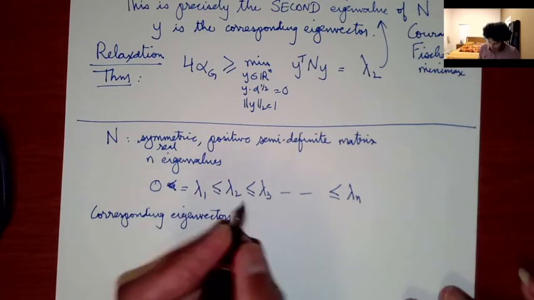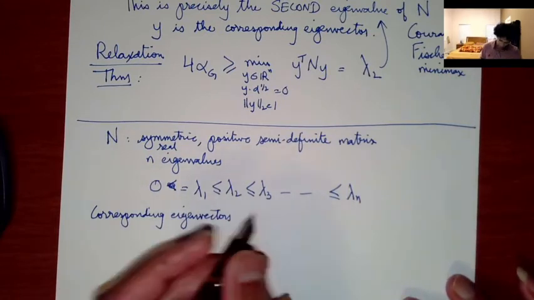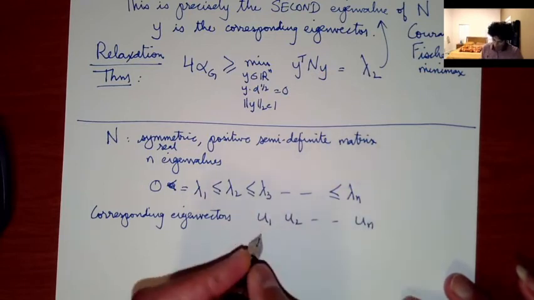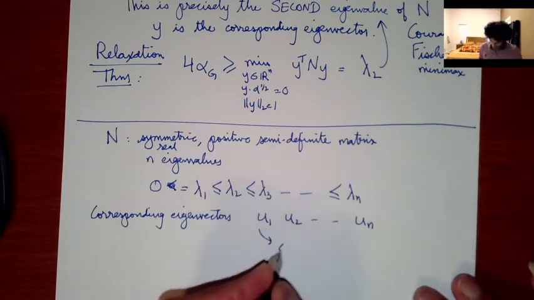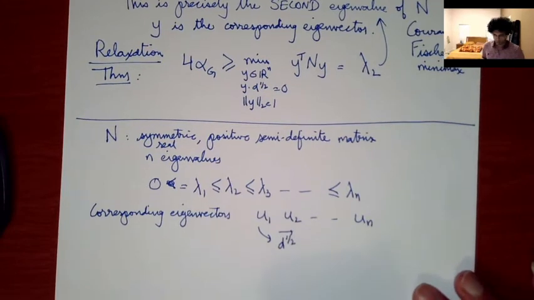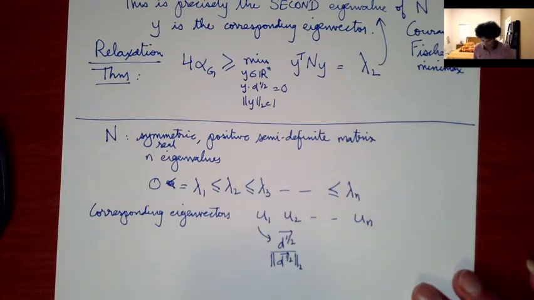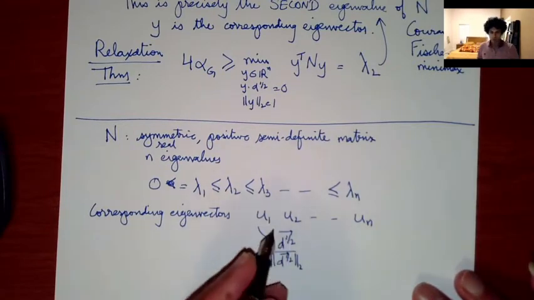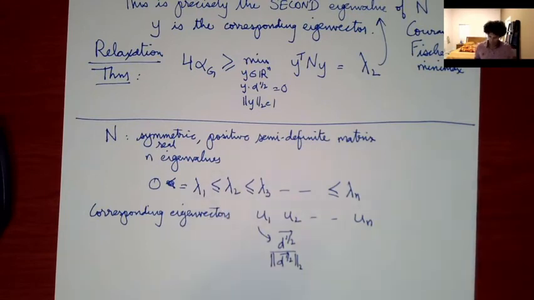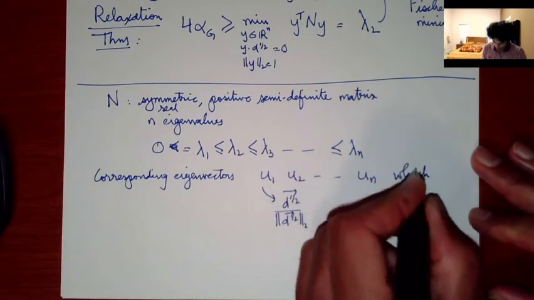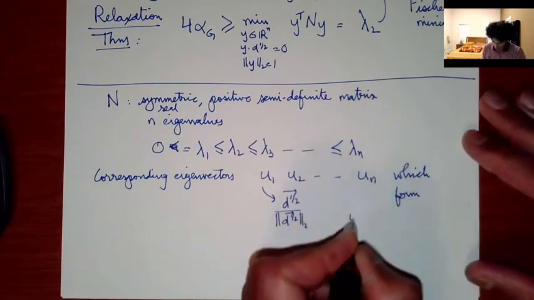So for the eigenvectors, I'll use u1, u2 to un, and u1 was basically this vector, suitably normalized so it's unit norm. So you have these corresponding eigenvectors which form an orthonormal basis.